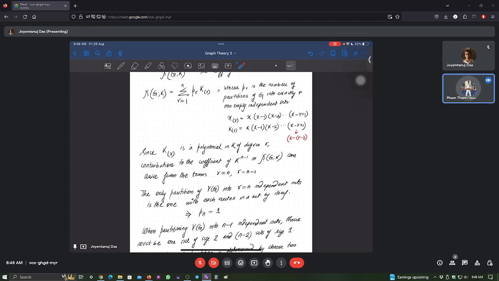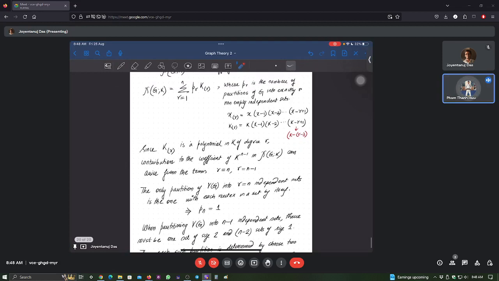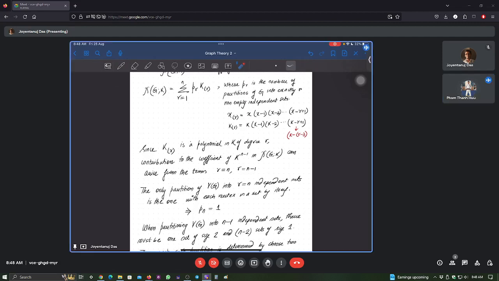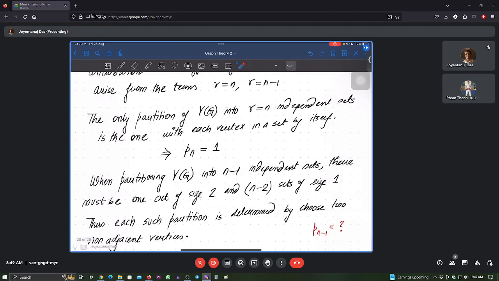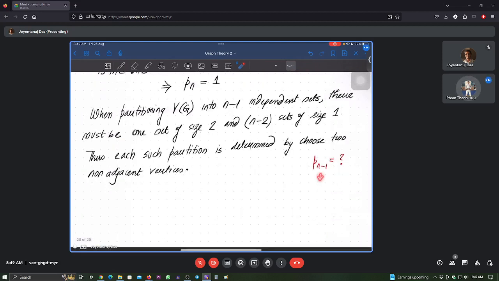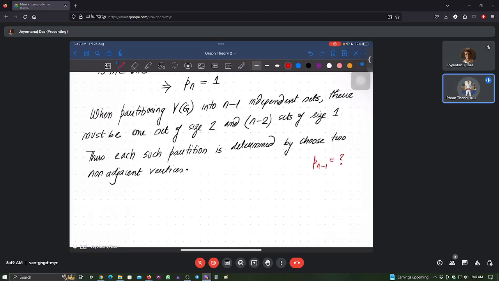This is a combination of something, right? We pick any two vertices and the others are singletons, so we have a combination of two from n.